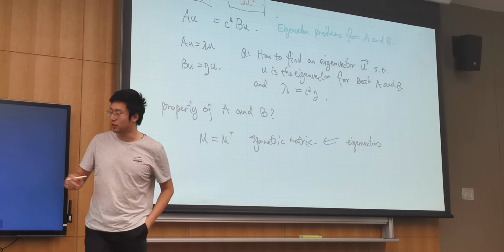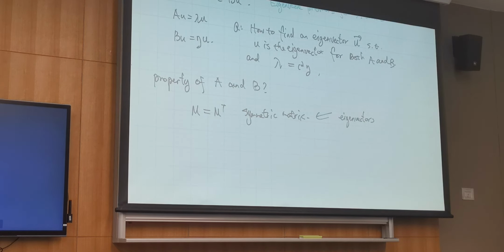If you don't believe this, let's say I have MB equals lambda 1 B, and MC equals lambda 2 C. What can you say about C transpose multiplied by MB?